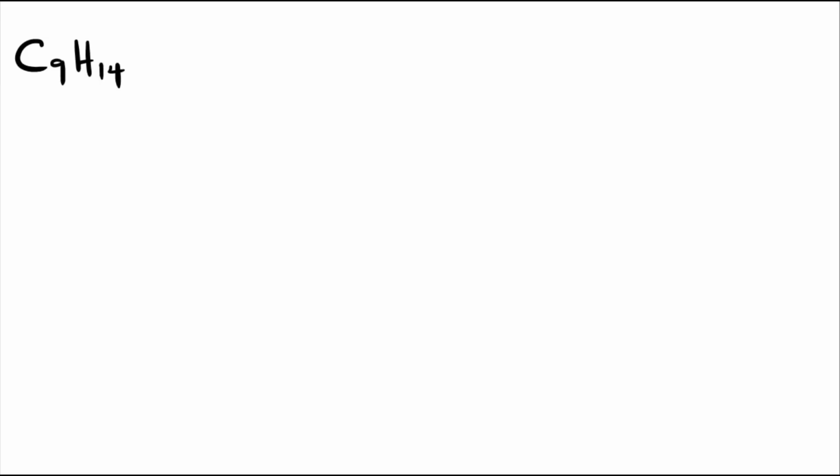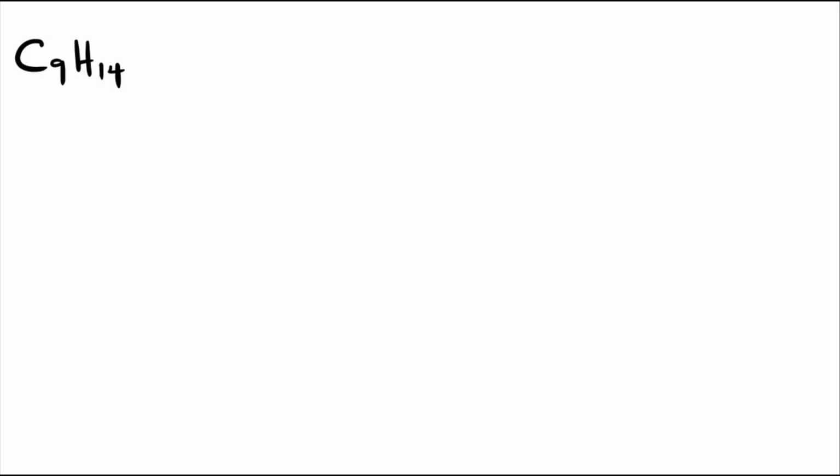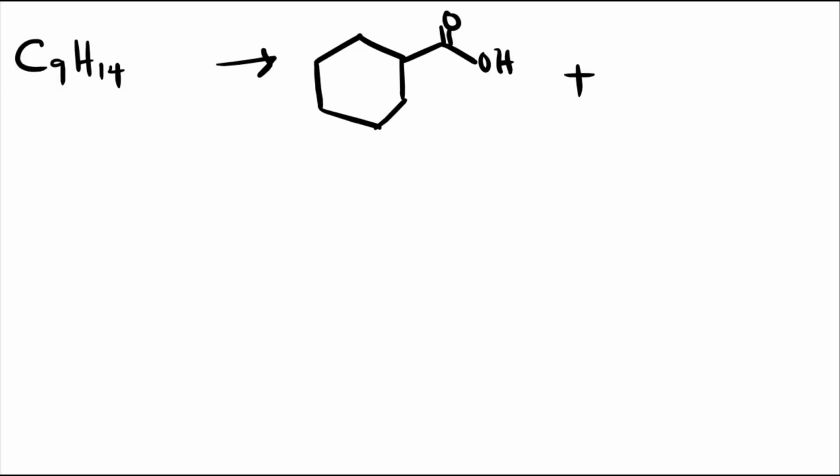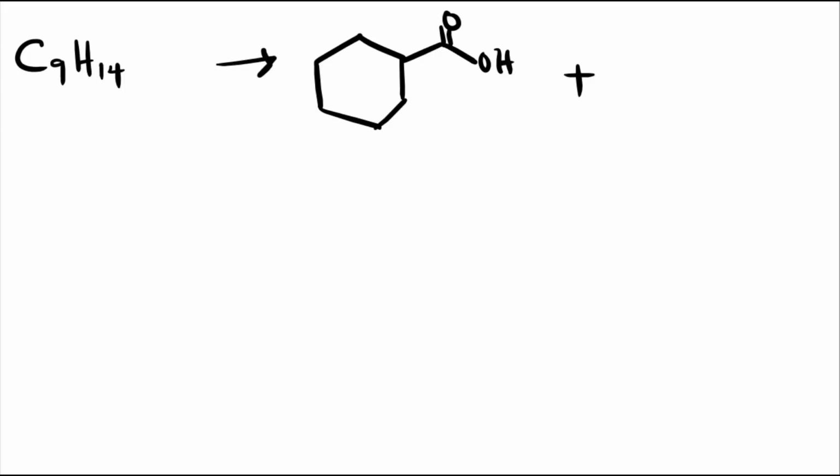It says this is nonene, and then we were making cyclohexanoic acid, and we're also making ethanoic acid. So we're making these two, and the question is what was the starting material.